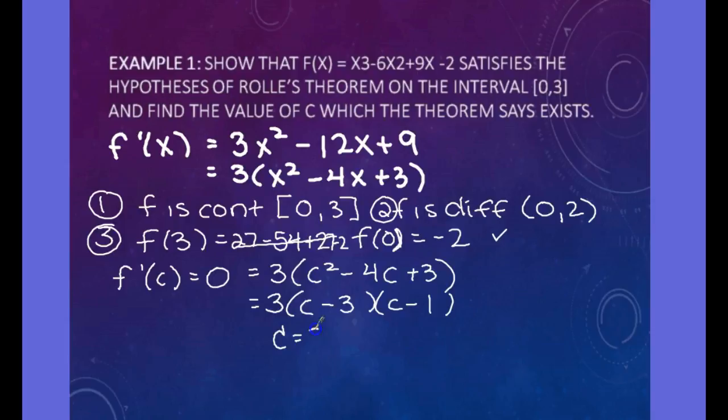And I see that when c is 3 and when c is 1, the slope of the derivative, or the slope of the tangent line, will be 0. So what that means is that if I'm graphing this, 3 and 1 have to be mins or maxes on that original. Because the only time you're going to get a slope of 0 on your tangent is at a min or a max.